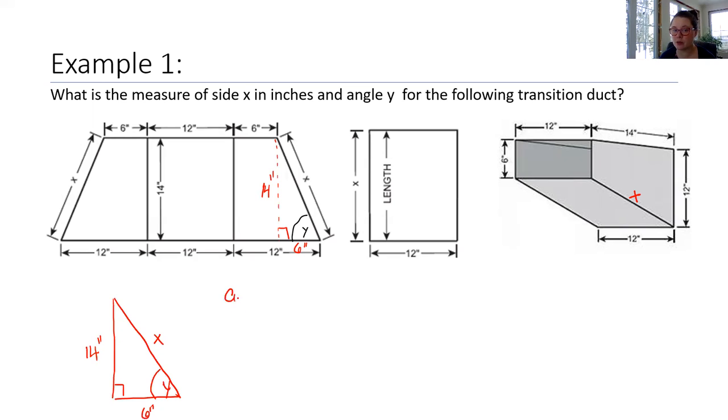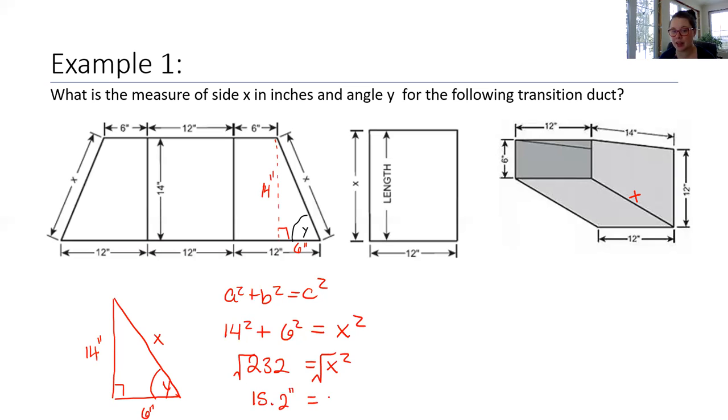So let's plug that in. Pythagorean theorem tells us a squared plus b squared equals c squared. And that's going to give us 14 squared plus 6 squared equals x squared. 14 squared plus 6 squared will give you 232 equals x squared, and take the square root of both sides. And you will find that 15.2 inches equals x.